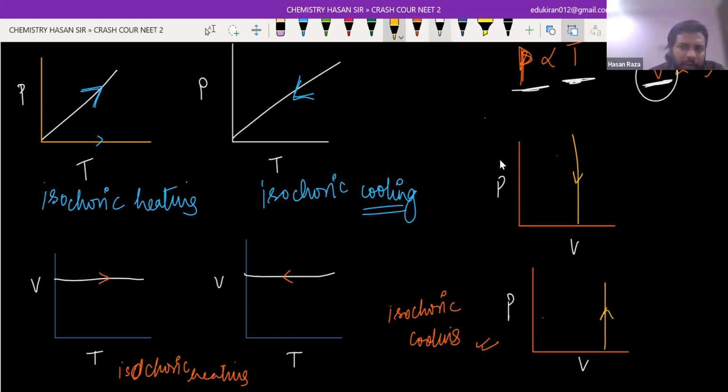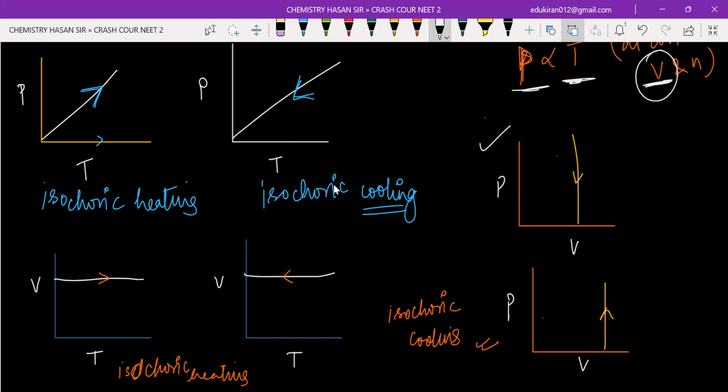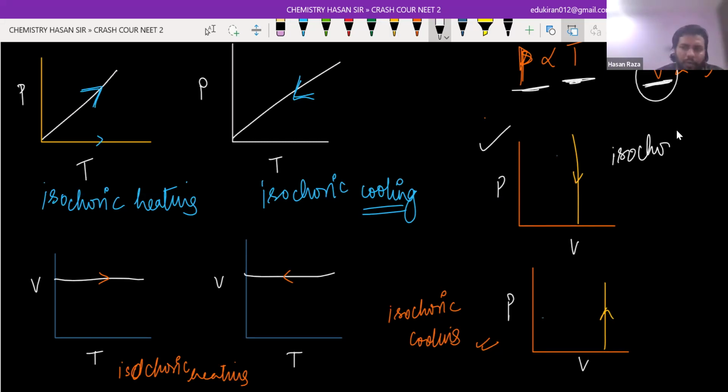Now see, can anyone tell me whether it is cooling or heating? Cooling. Since volume is constant, it will be isochoric.